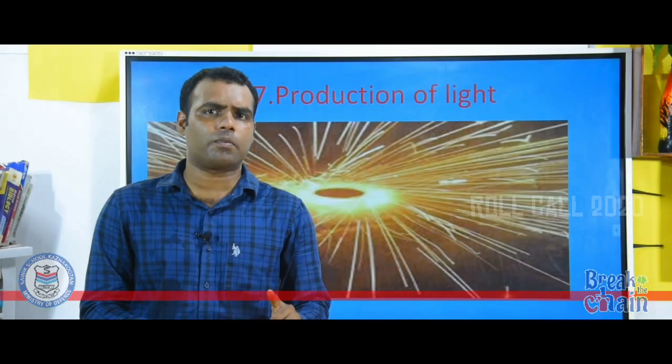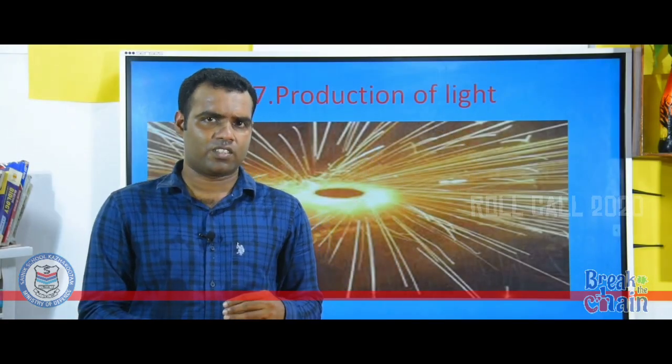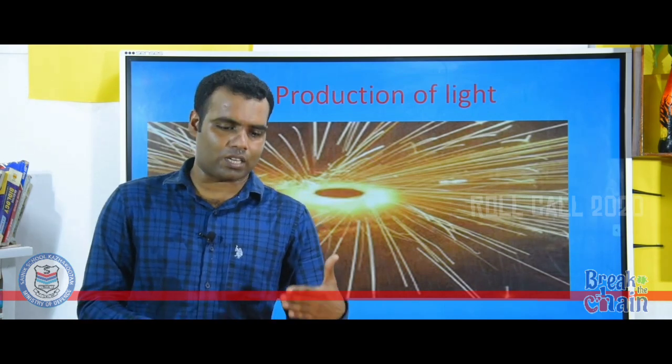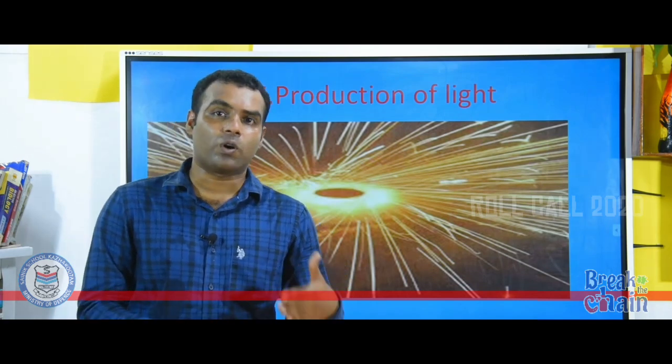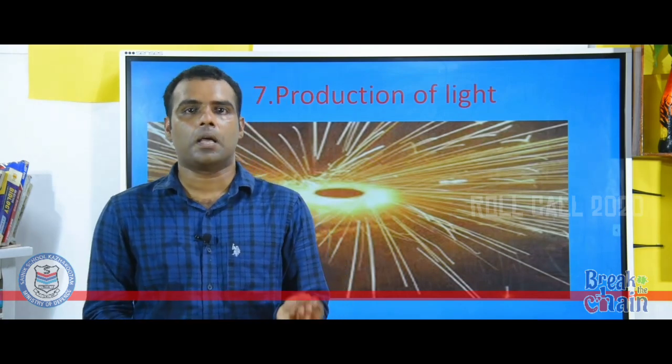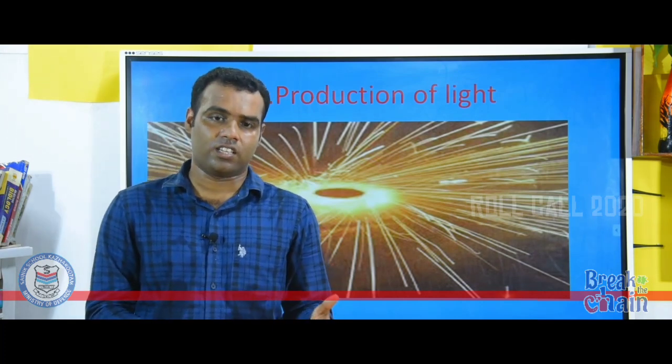But at the same time you could also observe light. Another example in which a chemical reaction produces light is just burning of a candle. So a candle produces light because of a chemical reaction, that is burning of a chemical compound called hydrocarbons in air that produces light energy.